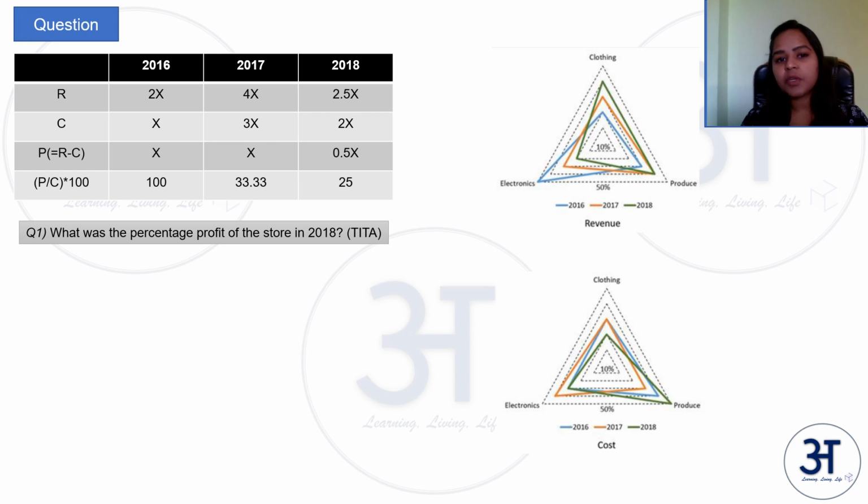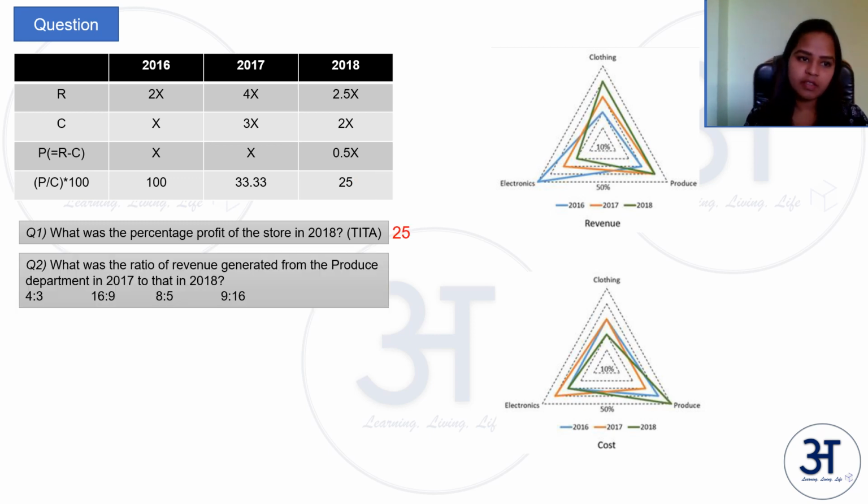What was the percentage of profit of the store in 2018? So this is directly from the table, 25%. What was the ratio of the revenue generated from the produce department in 2017 and 2018? So if you see the produce department revenue diagram, 2017-2018 are orange and green triangles.